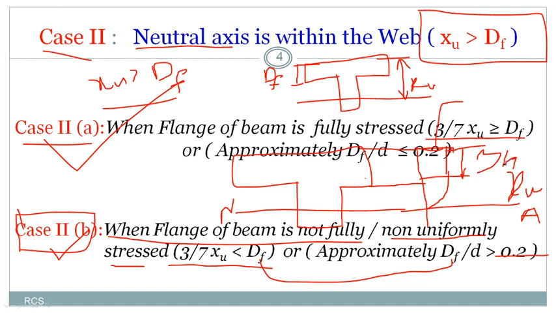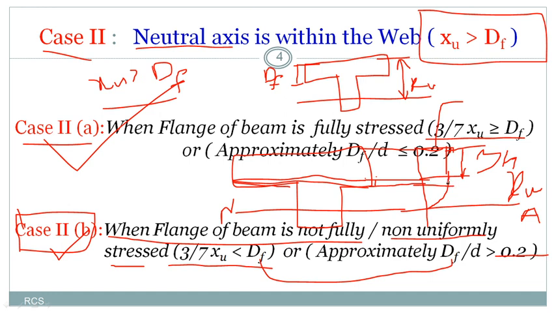So from this I can say that this is case number B. Then if you draw the stress distribution diagram for this, up to this portion the flange is fully stressed, that falls in the rectangle region, and the remaining portion falls in the parabolic region.